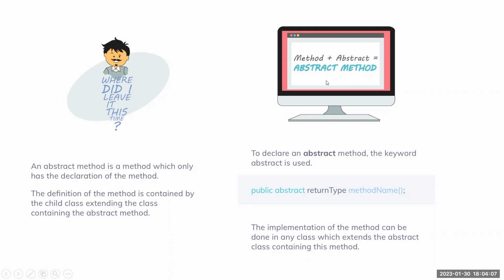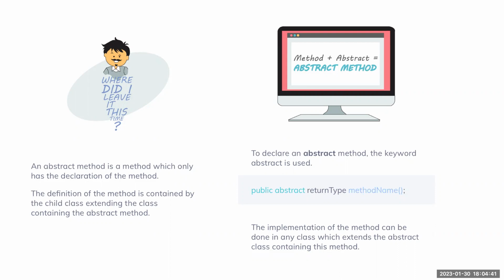So method plus abstract equals abstract method, right? How do we write a single method? We already know the syntax of a method. The syntax you see here is public abstract, then the return type, void or int, the data type that you are going to put, and the method name.